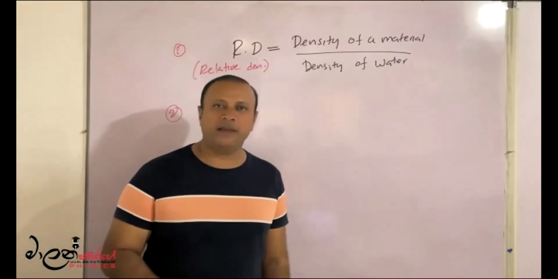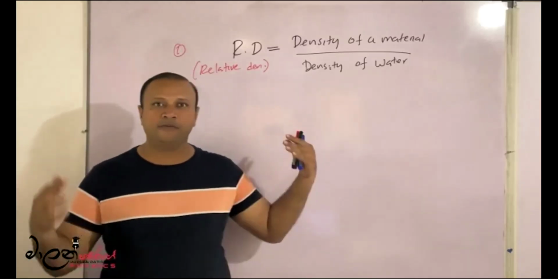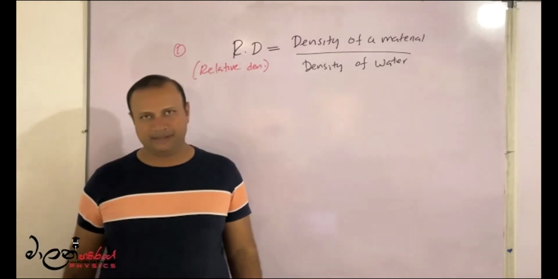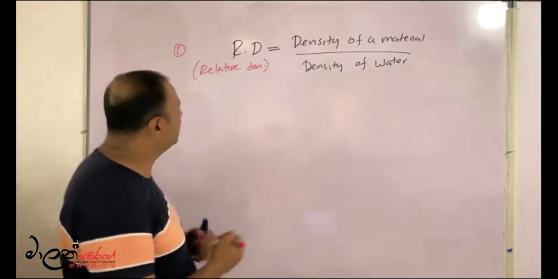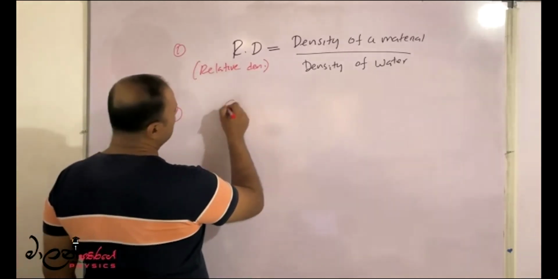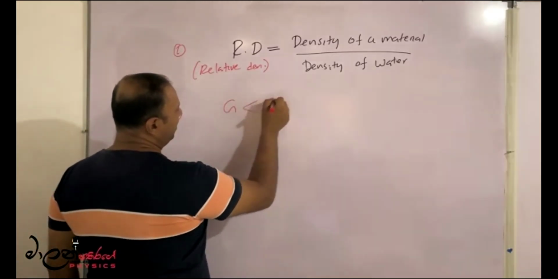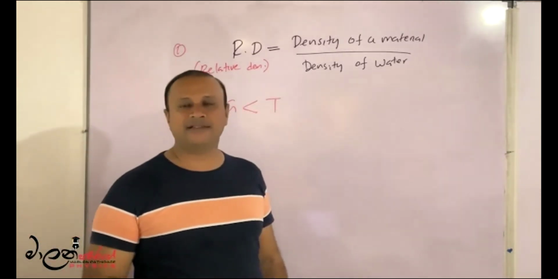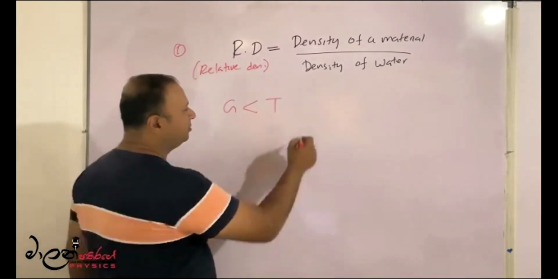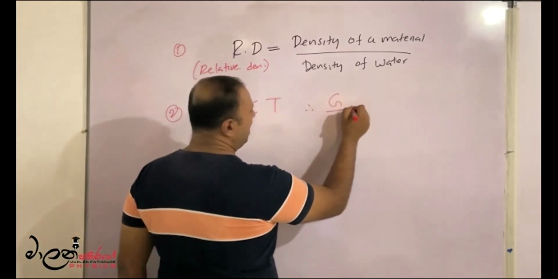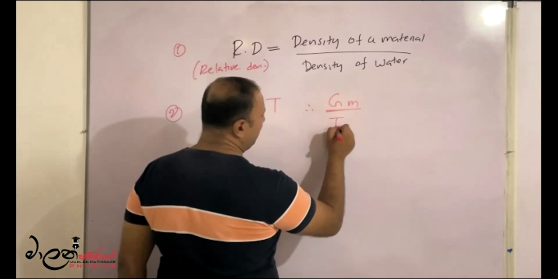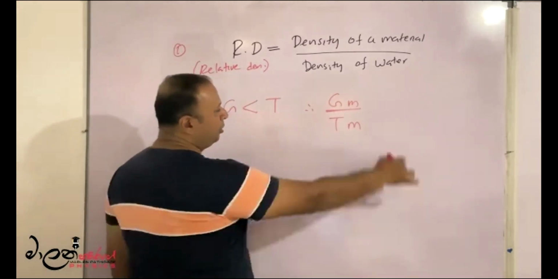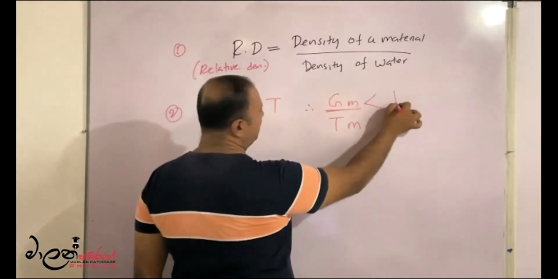Okay, now you can write the way that I got that answer. I know tera is higher than giga. Therefore, gigameter over terameter should be less than 1.